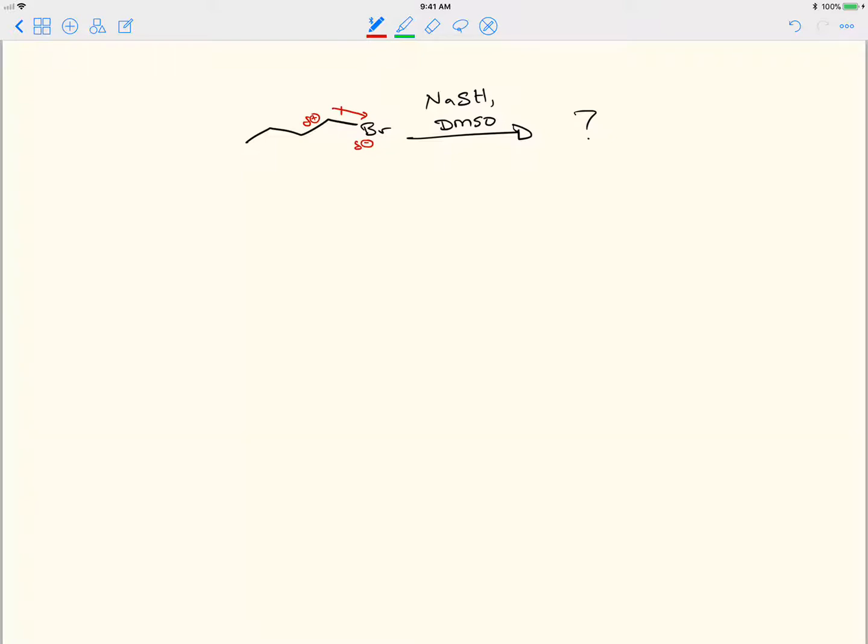I would probably recognize that bromine could be a leaving group as Br-. So bromide could be a leaving group, but it can't be via SN1.